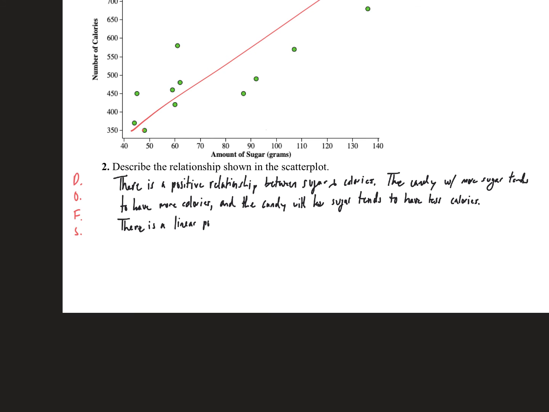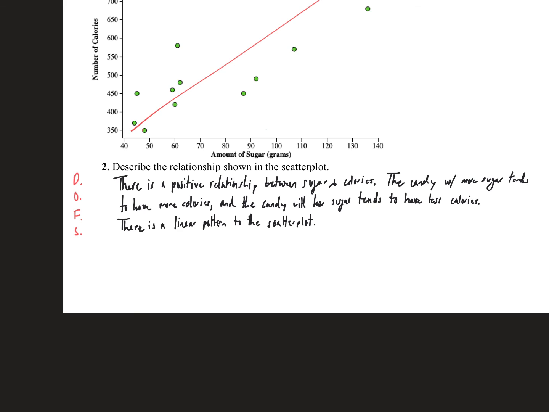So you could say to the data or to the scatter plot. We could say, and then the next was the strength.